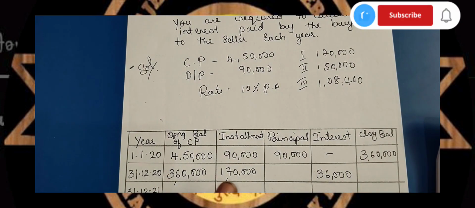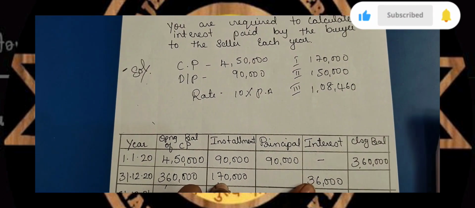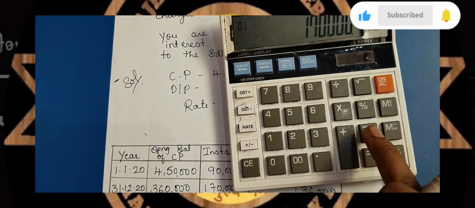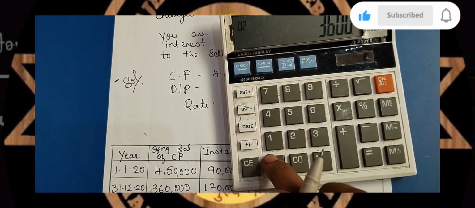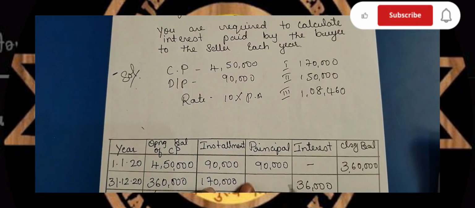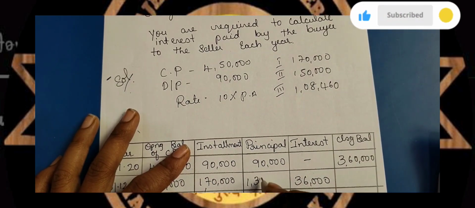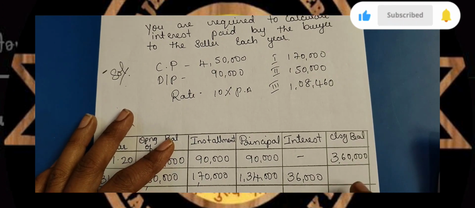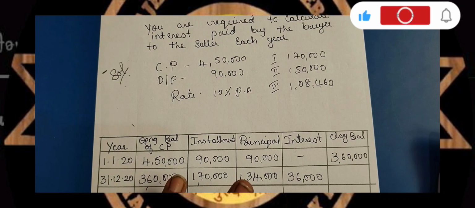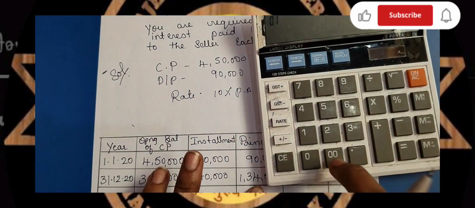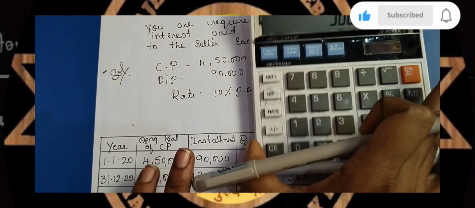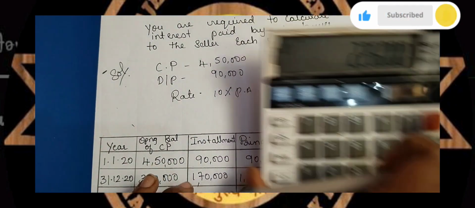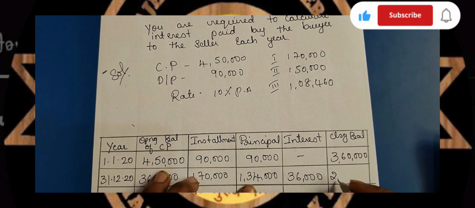Out of the total installment of 1,70,000, minus the 36,000 interest, the principal amount is 1,34,000. The closing balance is the opening balance 3,60,000 minus the principal 1,34,000, so 2,26,000 is our closing balance.